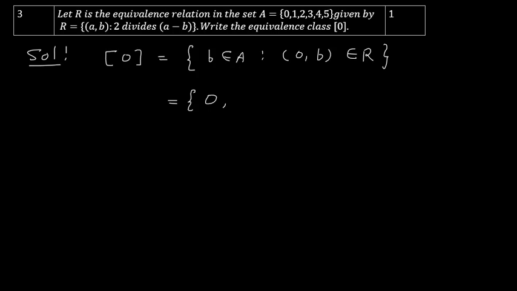The next will be 2, since 0 minus 2 gives minus 2, which can also be divided by 2, and the third element will be 4. So the equivalence class of 0 is {0, 2, 4}. This is a 1 mark problem, so here you will get 1 mark. Simple? Yes. Now move to the next question.